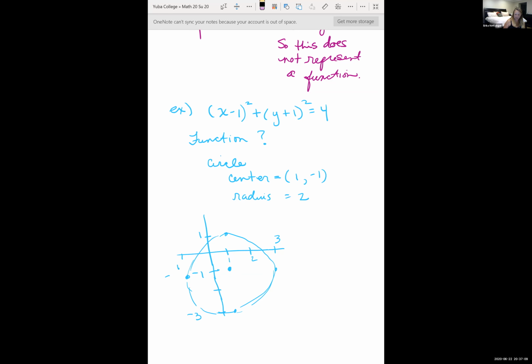So if we can show at least one. So here's a value of x. If I look on my graph, here's a point on my graph, and here's a point. So these are points that satisfy my equation. If I plug them back in here, I get a true statement. And so this is not a function.